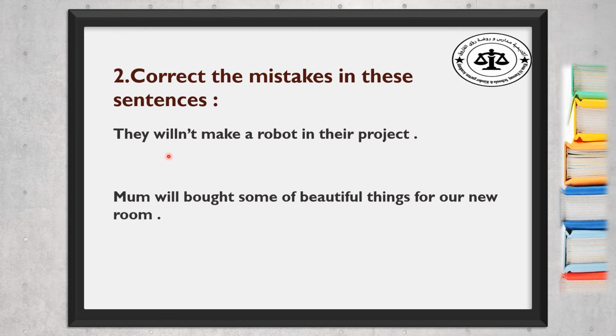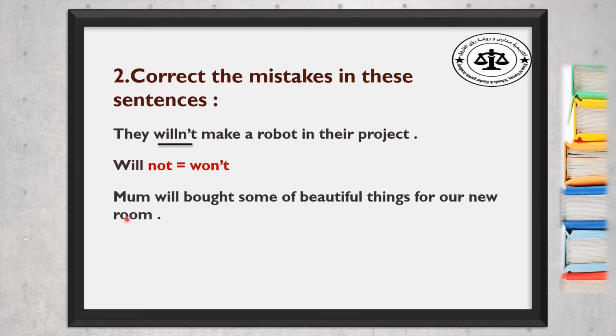Can we negate the sentence by using this form of will? No, so the mistake is this word. Let's correct it. What can we say? They will not or won't, excellent, make a robot in their project.